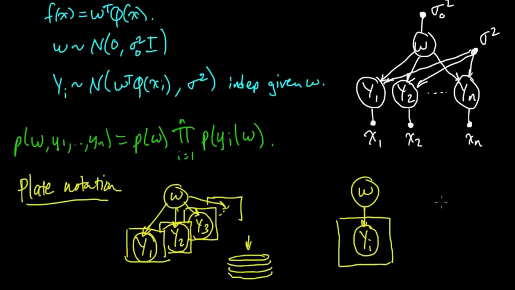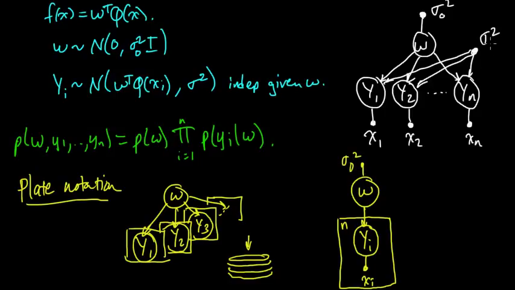And actually, let me include the little xi down here. And sometimes people put n, or maybe I'll put it up here, n to denote the number of plates. So there are n plates here, y1 up to yn, each with its associated xi. And I can just add back the little sigma naught squared.